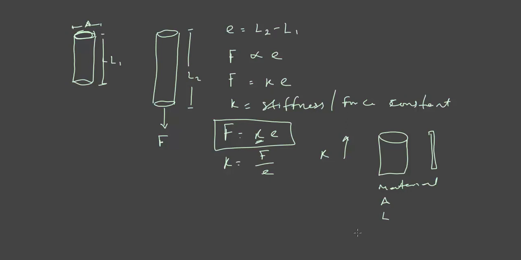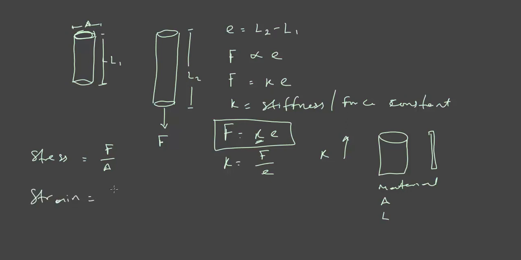To talk about Young's modulus, we need to understand what is known as stress and strain. What is stress? Stress is the force per unit area. What that means is, given a unit area of that material, if you divide the force applied by the area, you get stress. Then what about strain?